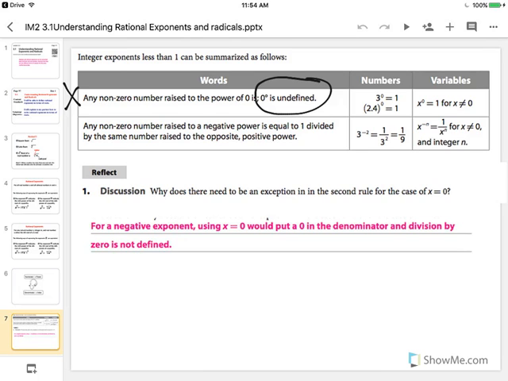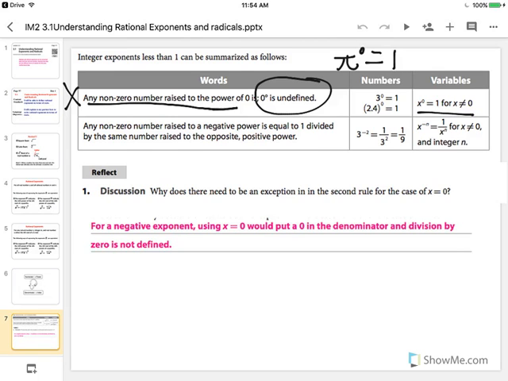In terms of a variable, x to the 0 power is 1, for x non-zero. So for any non-zero number raised to the 0 power, the answer is 1. For example, pi raised to the 0 power is still 1.